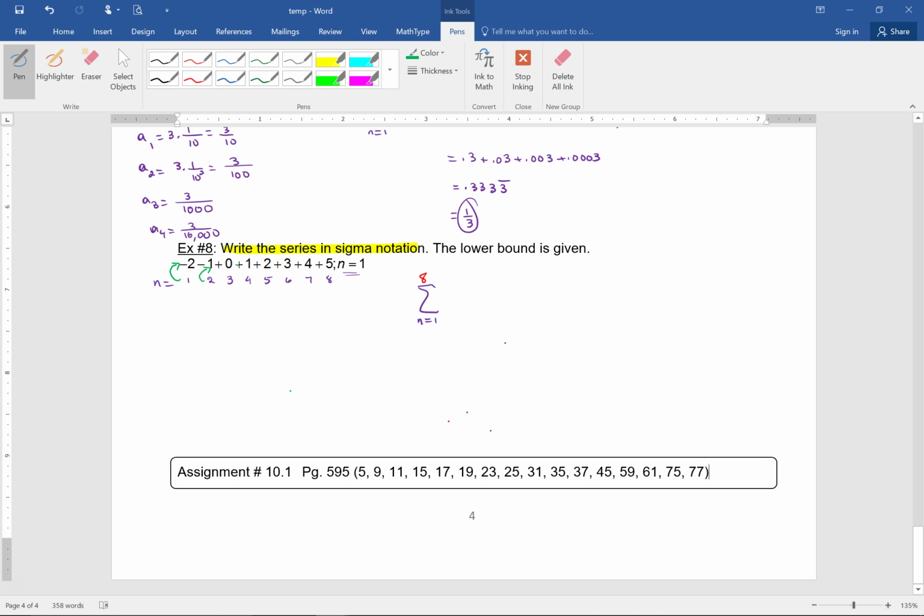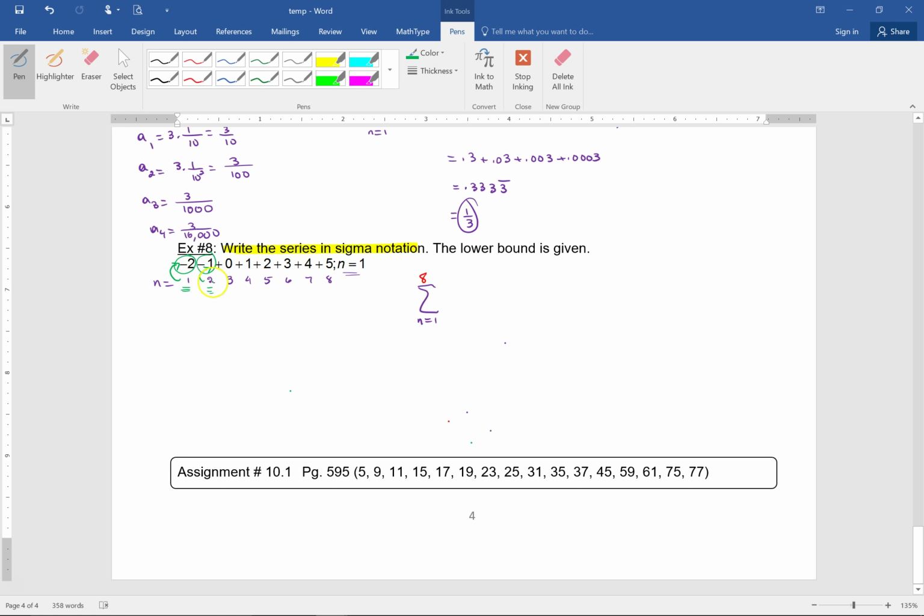So for each of them, we want a pattern that relates the value of n. So here n equals 1 to this number negative 2. N equals 2 to this number negative 1. So you ask yourself, if I have a number 1, what can I do to it so it's negative 2?